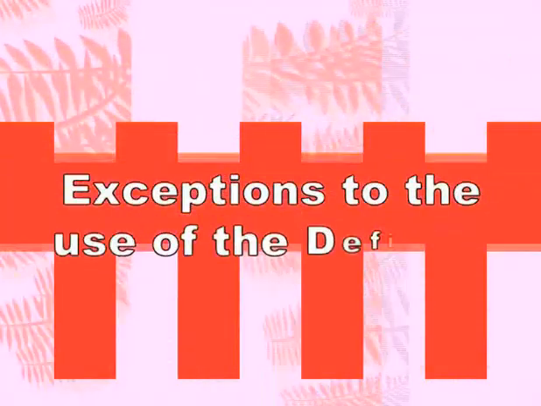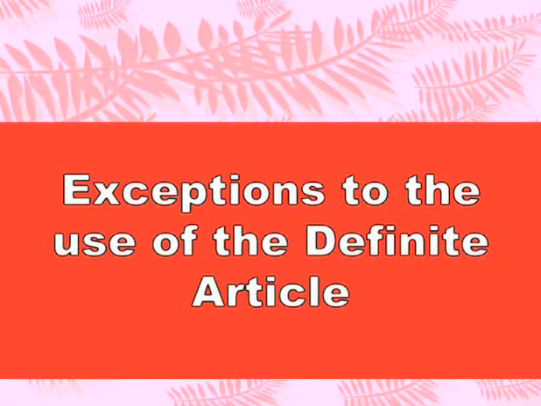Let's look at the exceptions now to the usage of the definite article. Now with the names of countries, if they are singular, there is no article. Can you think of an example? Right, Germany.